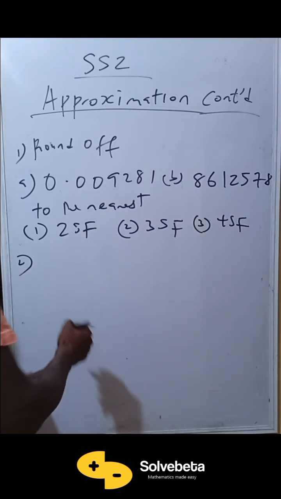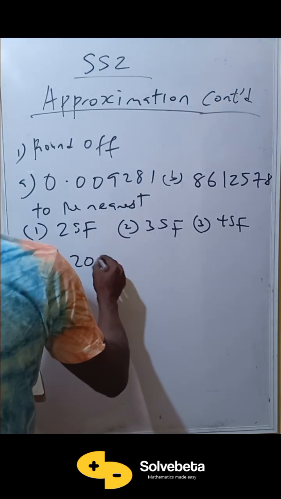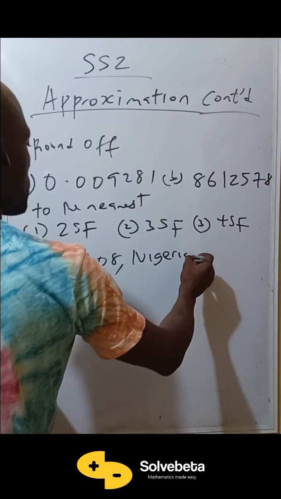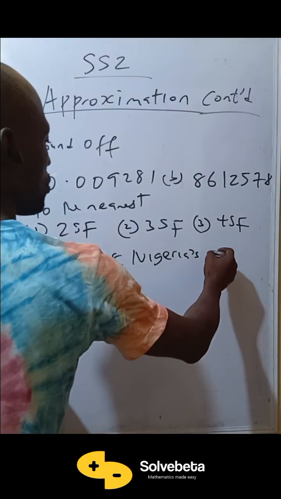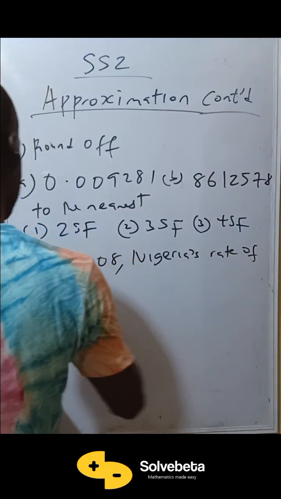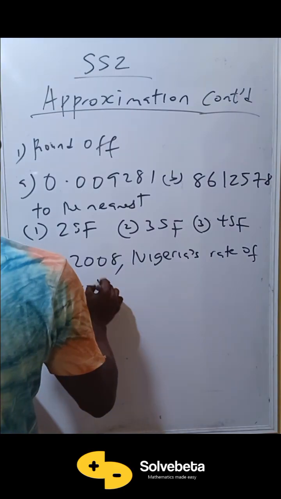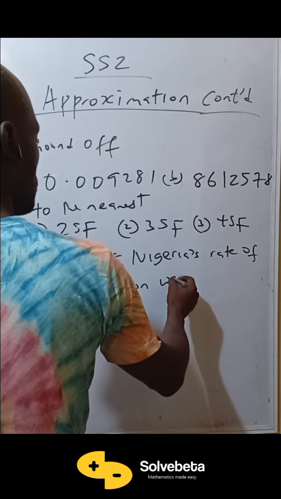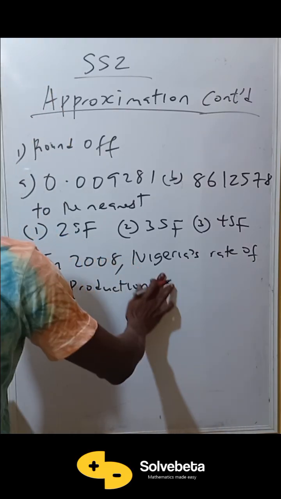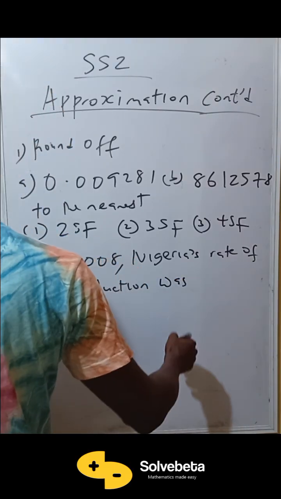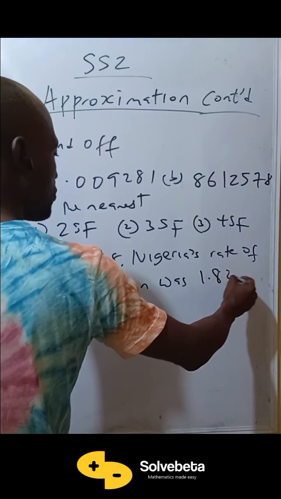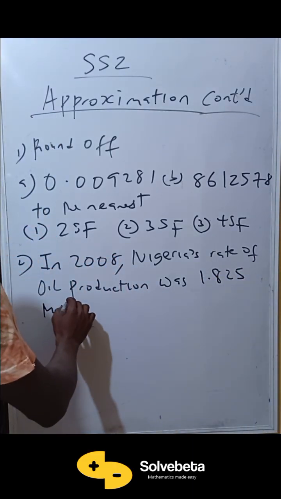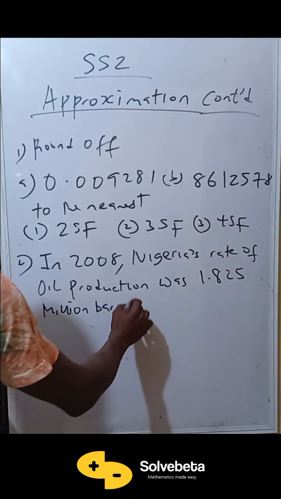Okay, look at this. Let me give this. In 2008, Nigeria's rate of oil production was 1.825 million barrels per day.